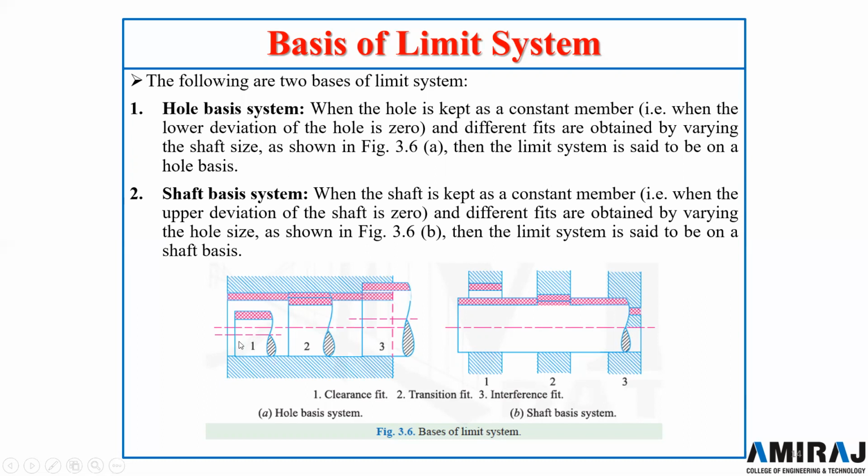So the size of shaft is varying and the hole size is constant. While if we keep the shaft size constant, or when the upper deviation of the shaft is 0, which means the maximum size is equal to the basic size, and the different fits are obtained by varying the hole size. So the hole size is varied, then the limit system is said to be on the shaft basis system.